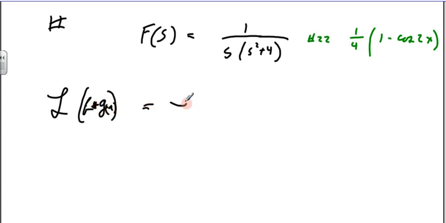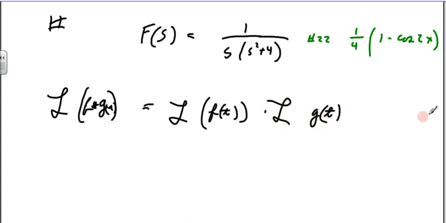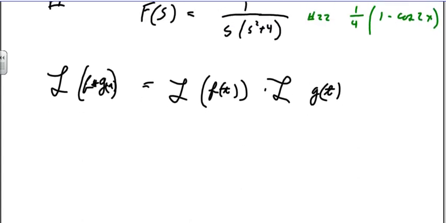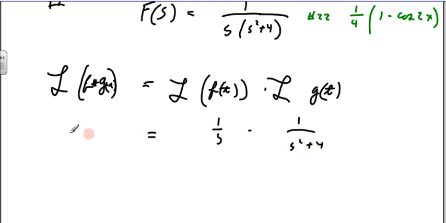And that's going to be the Laplace transform of f of t times the Laplace transform of g of t. And we're going to say, well, that's going to be 1 over s times 1 over s squared plus 4, which is the Laplace transform of f convoluted with g of t.